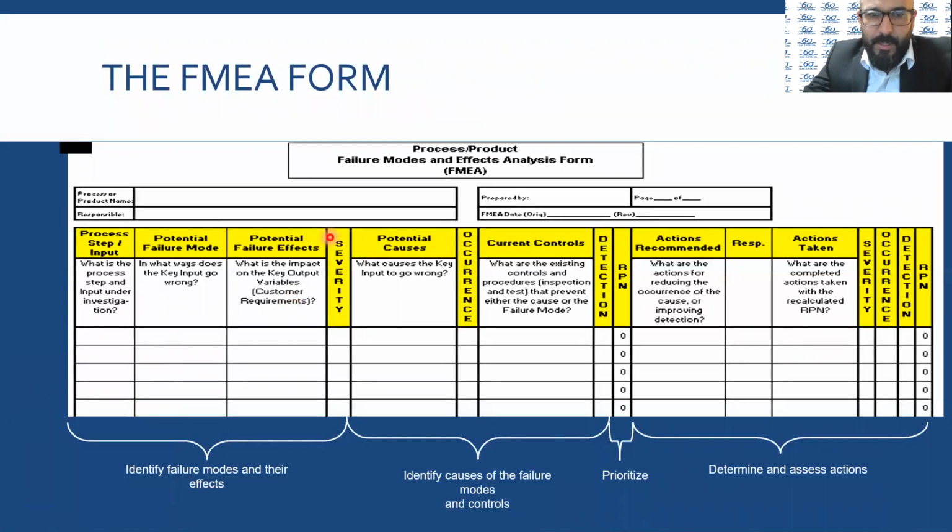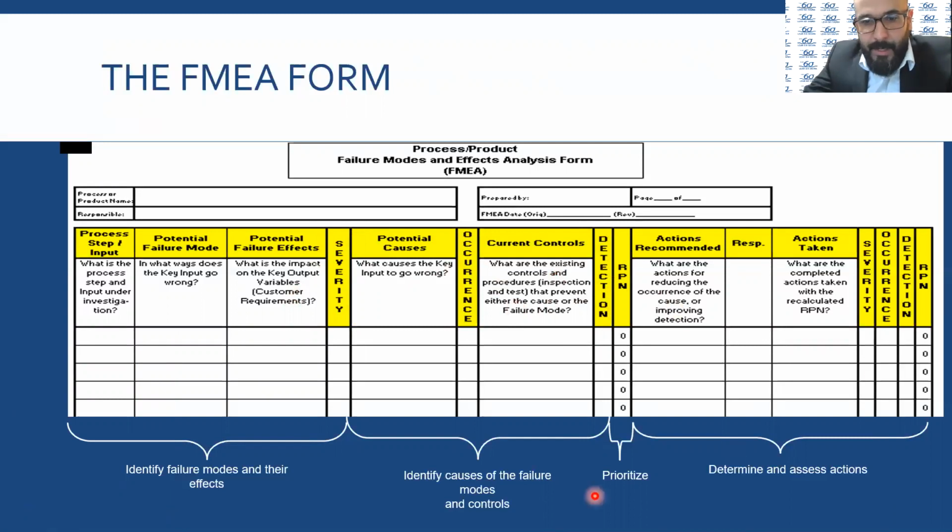If you focus on the severity, occurrence, and detection, once you find those, you find the RPN number. Based on that, you can identify the risk of having that issue, of having that failure. How severe is that failure?